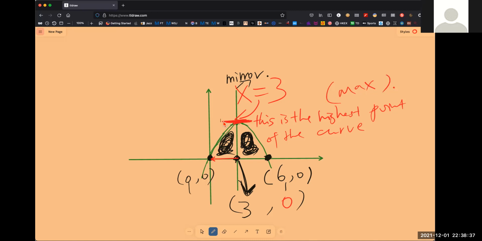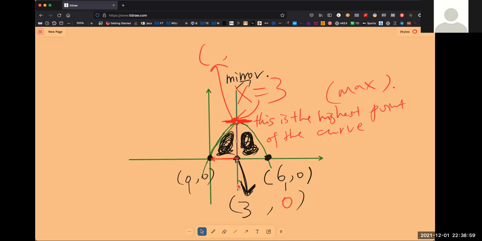So you can see that the x value is actually 3. So this point is defined by 3, comma. So how do you read the point? Okay, so you just do this. Use an arrow. Go down.